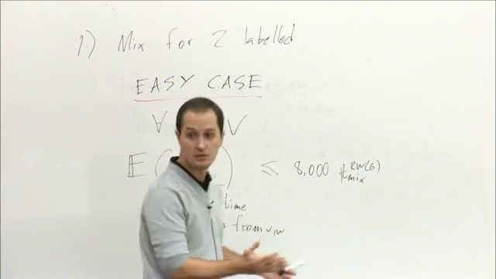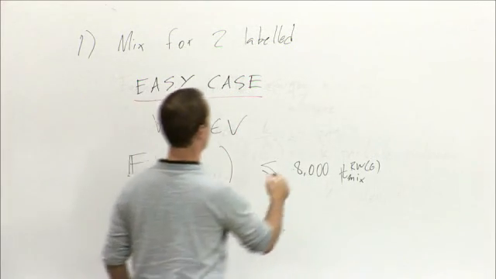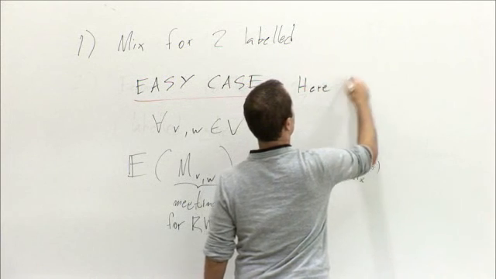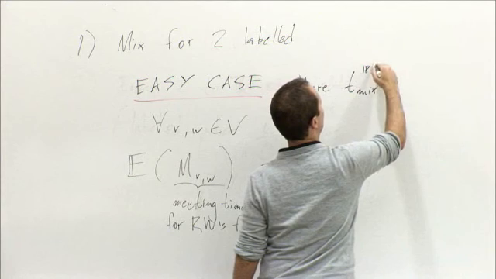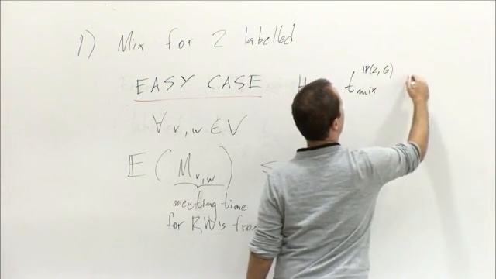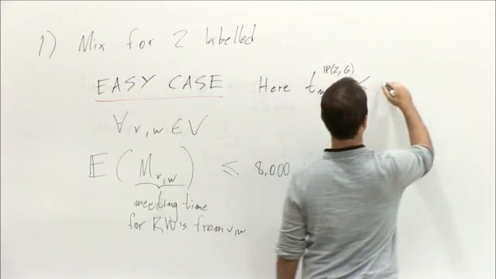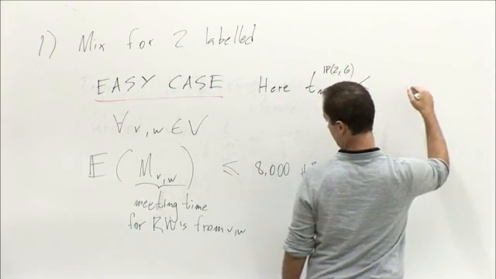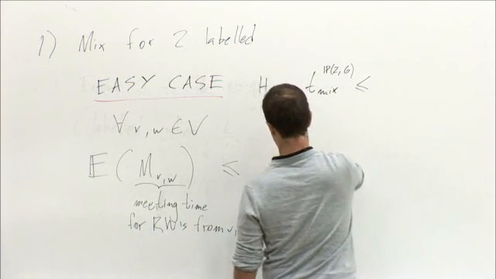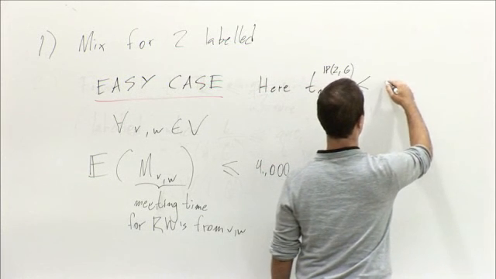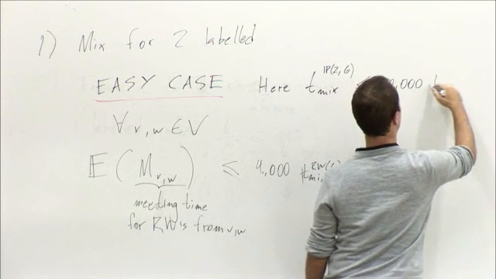In this case, you can use the strategy I just described, and it's going to show that t-mix of the interchange process, with two labeled particles, is something like 4 times 40,000, certainly enough, since I just want a constant. And when I write t-mix without an epsilon, it means epsilon equals a quarter.